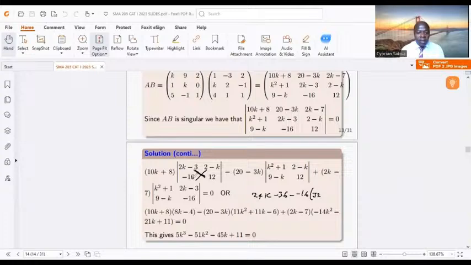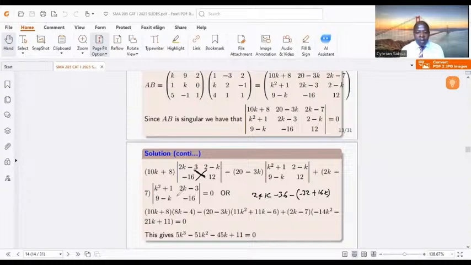Oh, I put minus. Let me just, because some people get confused, we just say minus and then open the bracket. Minus 16 is to be negative 32. And then minus 16 times minus k will be 16k.